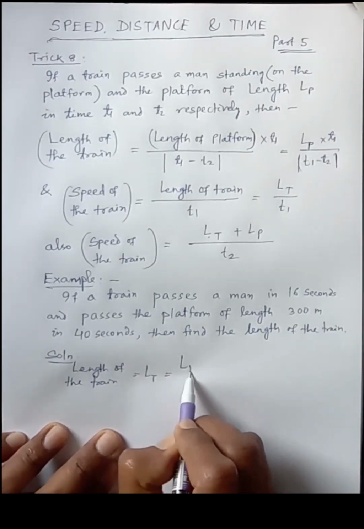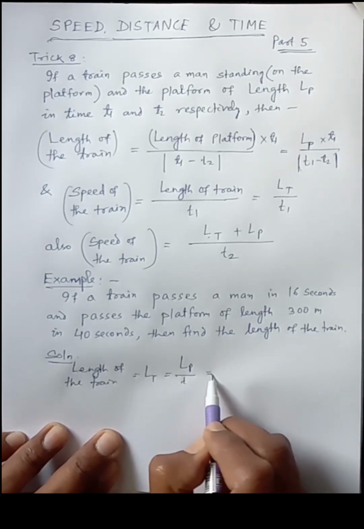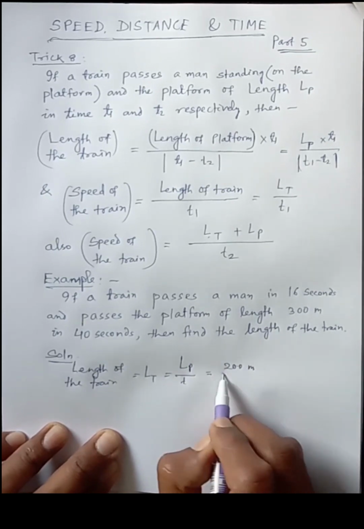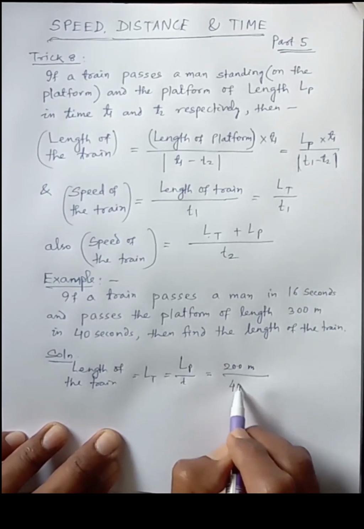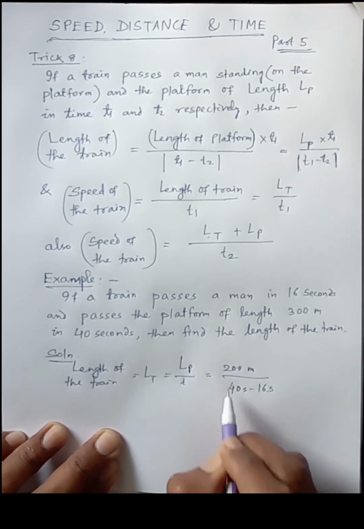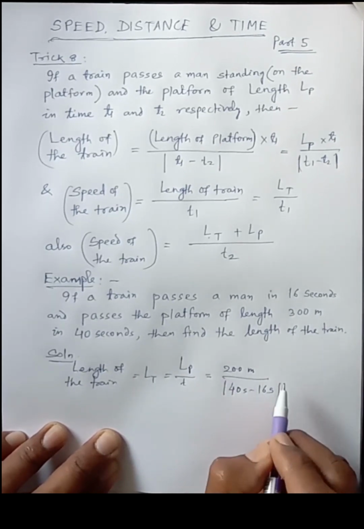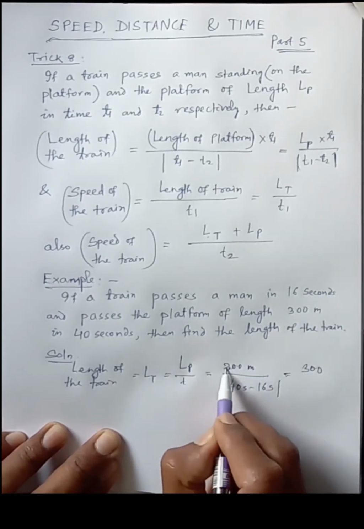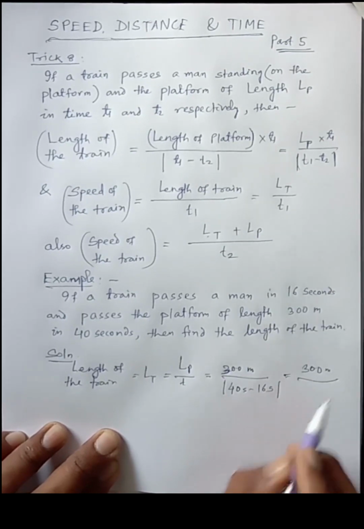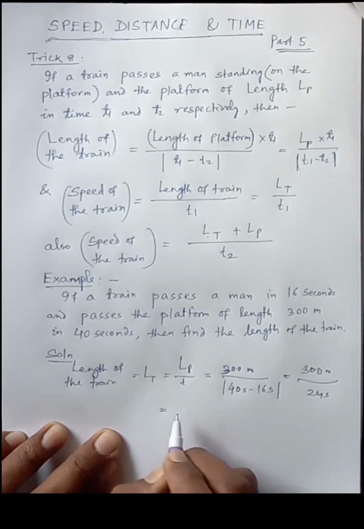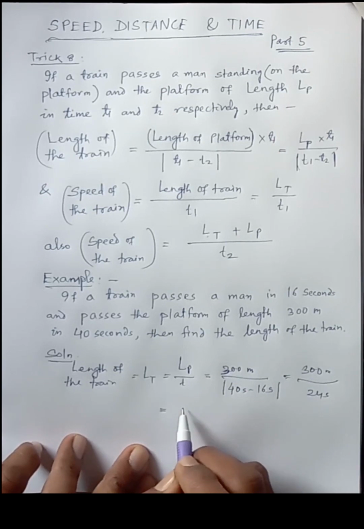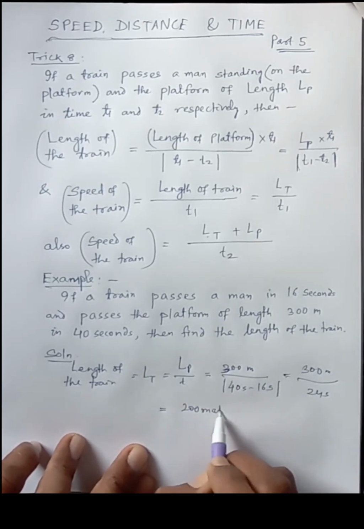This is equal to LP times t1 divided by the absolute value of t1 minus t2, which is 300 meter times 16 divided by 40 second minus 16 second, absolute value. This is equal to 300 times 16 divided by 24 second. This is equal to 200 meter.